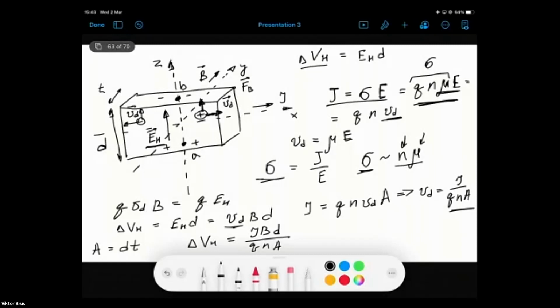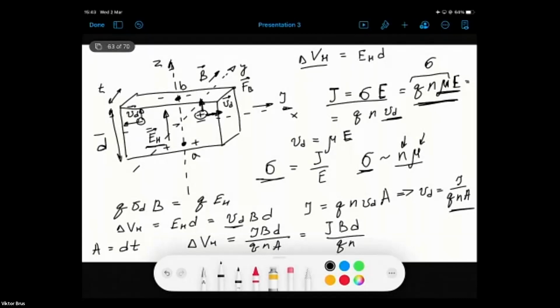And also what we can do here, we can go from current to current density, because here we have I divided by A. So current divided by cross-section area, which will give us current density. So that will be J, current density, times B times D divided by Qn.